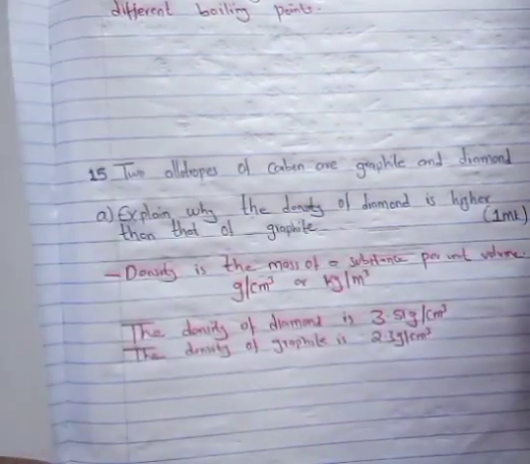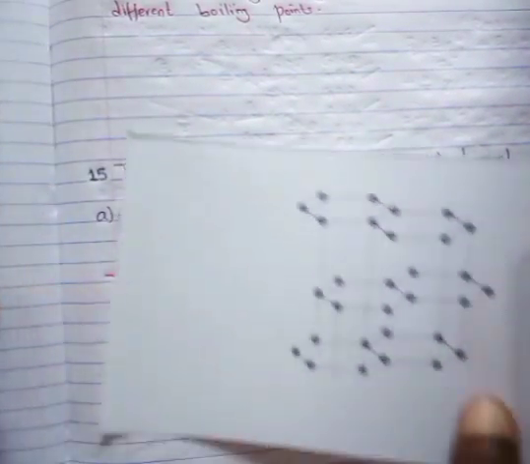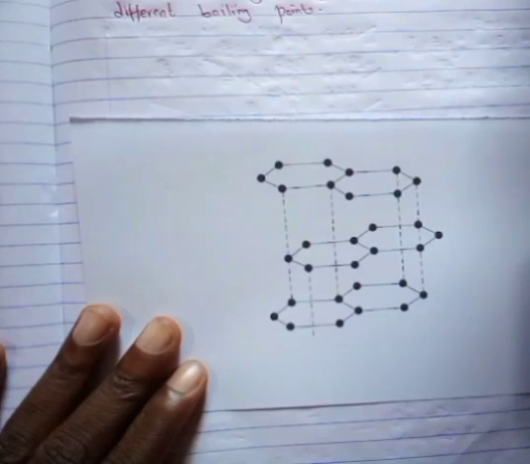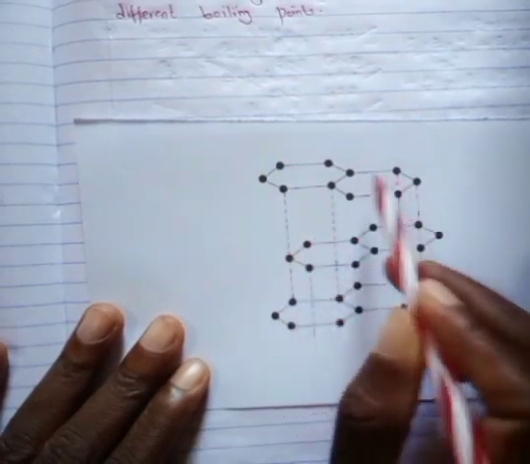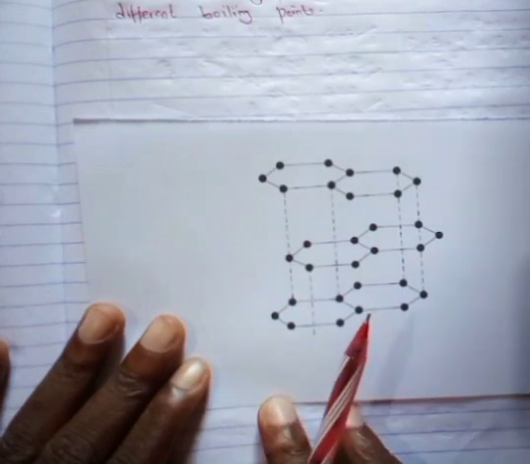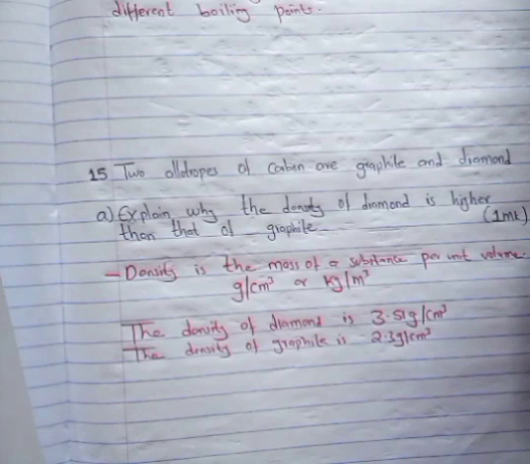Then the structure of graphite, as you can see, these are the atoms and these lines are just the bonds. So having a mental picture of the structure of diamond and the structure of graphite, we can say that diamond should have a higher density than graphite.